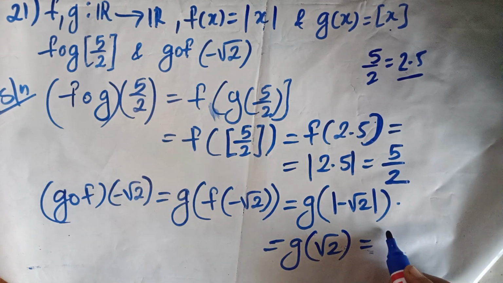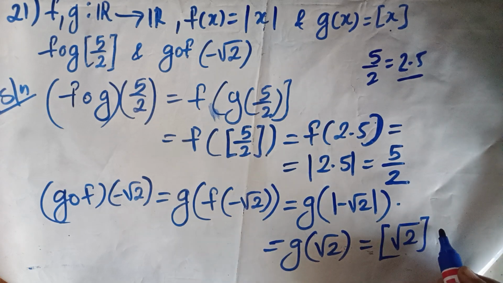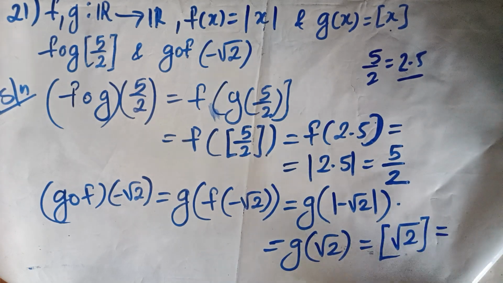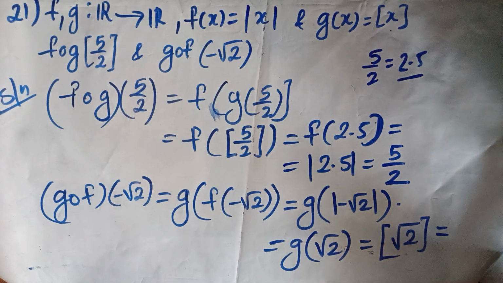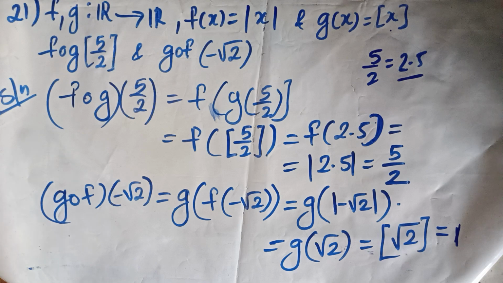This is the greatest integer function. Root 2 is around 1.4 or something, so the greatest integer less than it is 1.